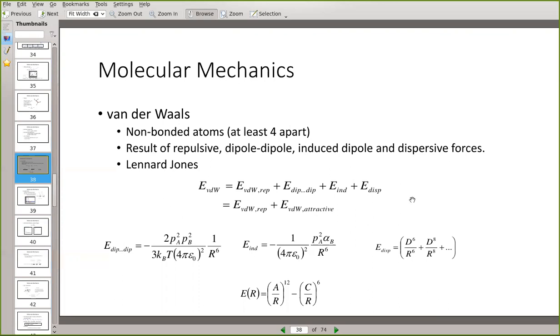What's interesting is if you have a look at the dipole interactions and the induced dipole interactions and the energy from dispersion forces, you'll note that all 3 of those are dependent on the distance between atoms. And have a look at the distance. So the energy from the dipole, the induced dipole, and the dispersion interactions, notice that there's a really important term, r to the power of 6. So this r to the power of 6 is quite important.